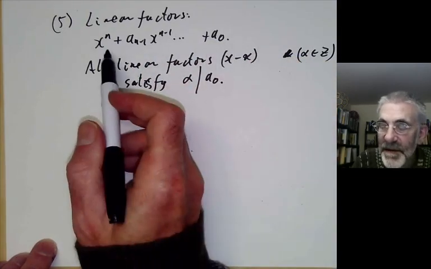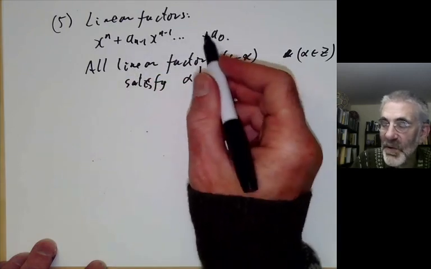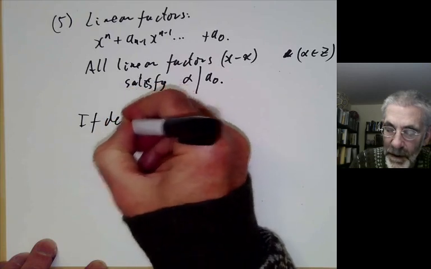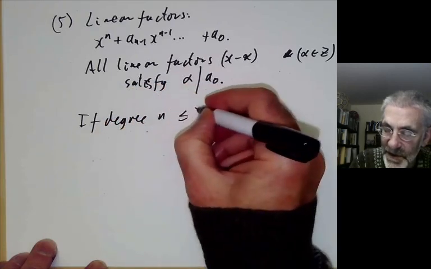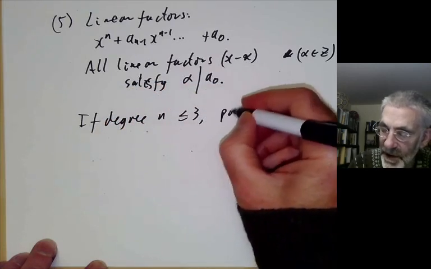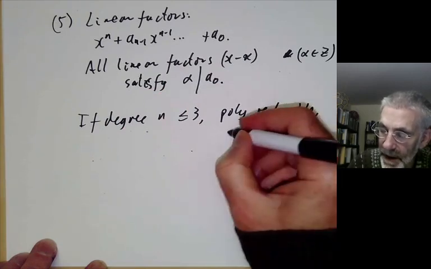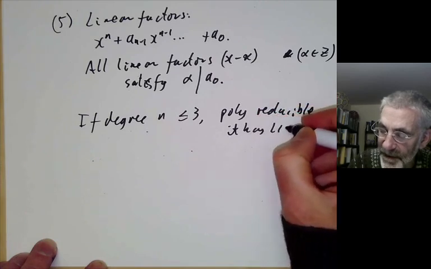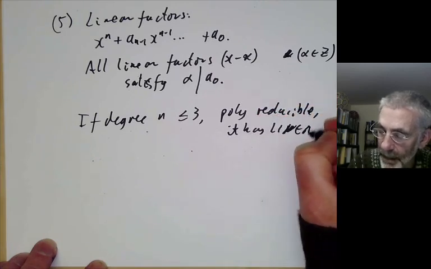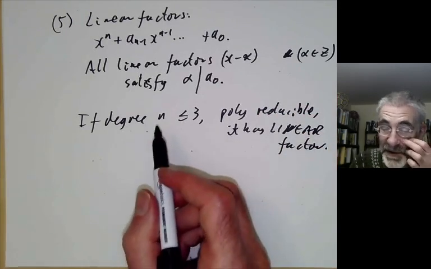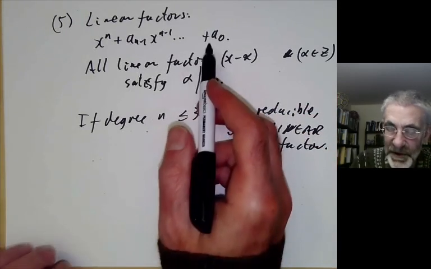This means that linear factors are easy to find. We just have to run through the divisors of a0. And if the degree n is less than or equal to 3 and the polynomial is reducible, it has a linear factor. So for polynomials of degree 3, it's quite easy to check for irreducibility.